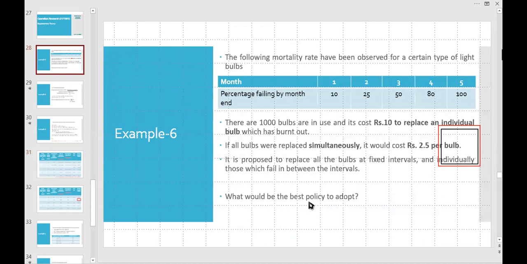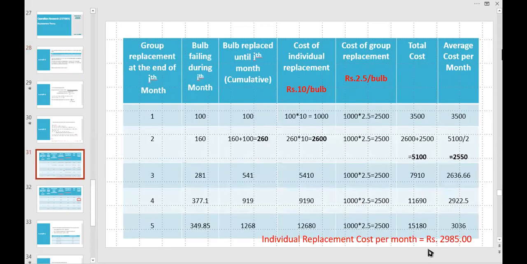So to answer, we must write that it is advisable to utilize group replacement, as the average cost per month is 2550 in group replacement, which is lesser than the 2985 rupees in the case of individual replacement. So that is what the entire example is about. Any doubt within this? If you have any doubt, please share it. Otherwise, we will move on to the next slide.